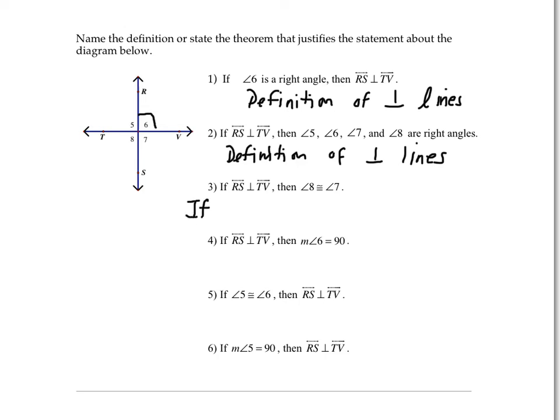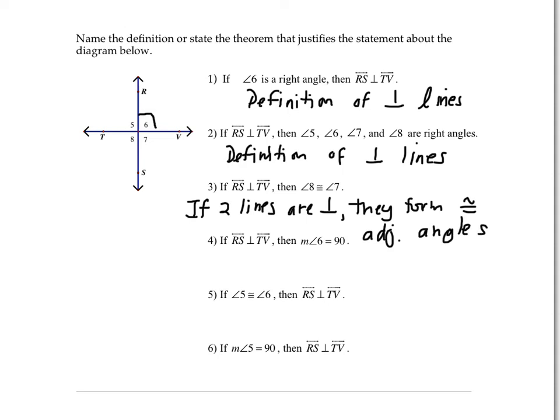So again, if two lines are perpendicular, I'm going to abbreviate some words here, they form congruent. We're going to use ADJ for adjacent angles. Okay, and again, that's one of our theorems from the page before. It's the first of our three theorems.